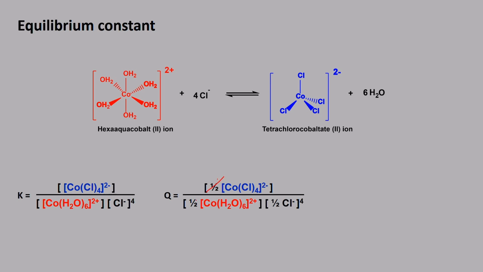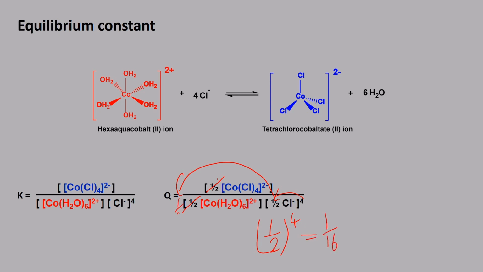Okay, now we can see that these two are probably going to cancel out fairly easily. And if we're going to take this out the front, what we're going to have to do is apply our power of 4 there. And when we go 1/2 to the power of 4, that's 1/16.